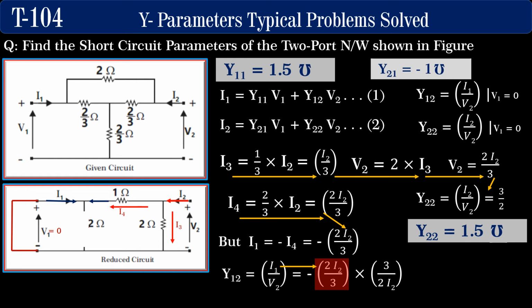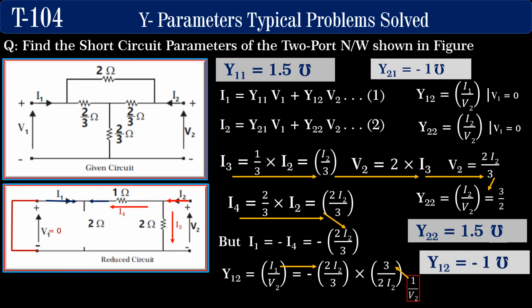So, by substituting I1 and V2, we get y12 is equal to minus 1 mho. So, if we write these parameters obtained in terms of matrix, we get Y is equal to 1.5, minus 1, minus 1 and 1.5 mho, and the result obtained is same as that of the earlier. Hope you understood that.